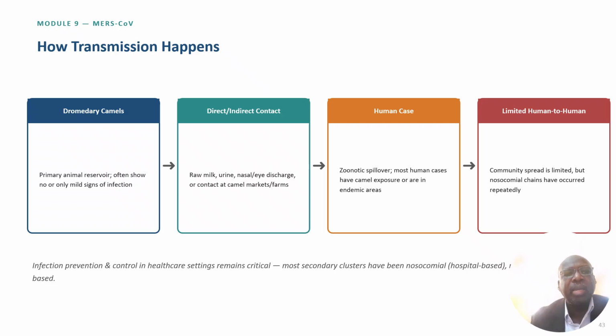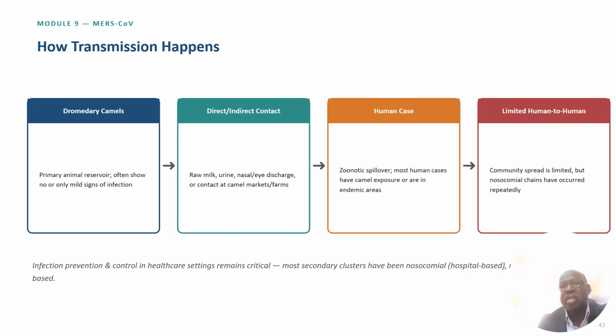The primary animal reservoir often shows only normal or mild signs of infection. Those who have contact, whether direct or indirect, with camel products like raw milk and urine, or with discharge or secretions from the camel, are at risk, as are those in contact with human cases, such as healthcare providers.